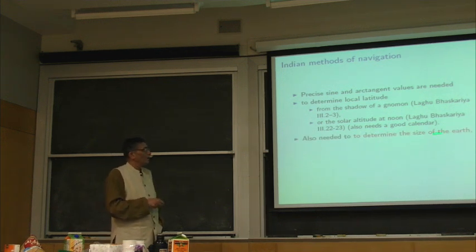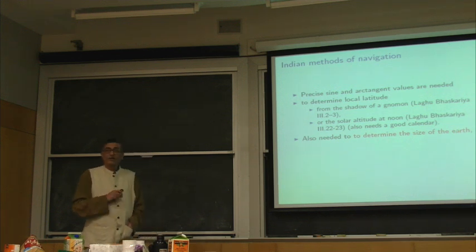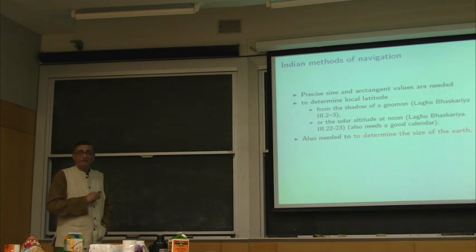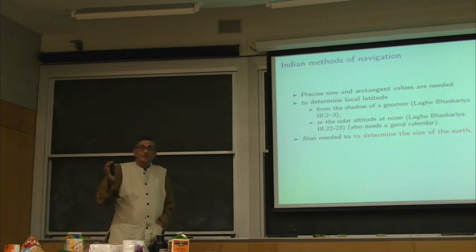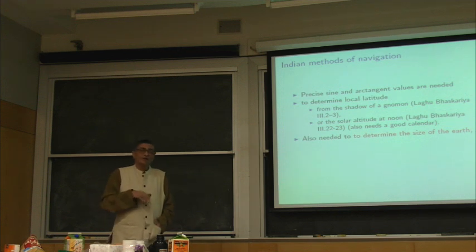You also needed to determine the size of the earth. Please note this carefully. This is an important point to which I'll come back. You find the size of the earth mentioned in all these books in yojanas. We don't know what a yojana is, but we do know Al-Biruni's estimate, which is stated in Arabic miles.